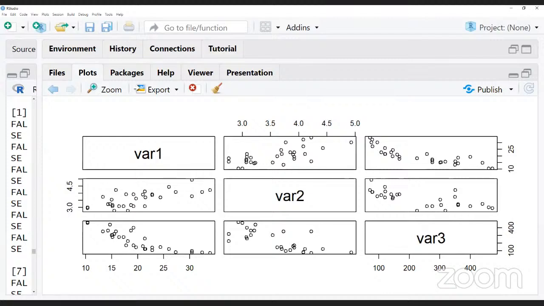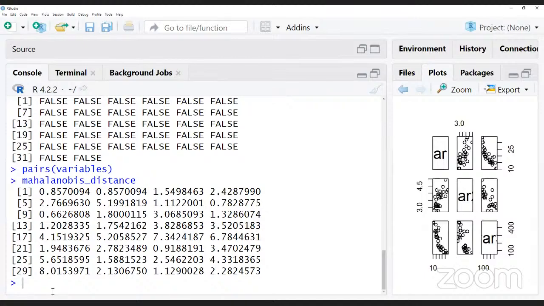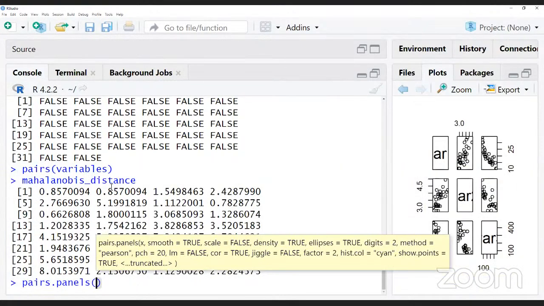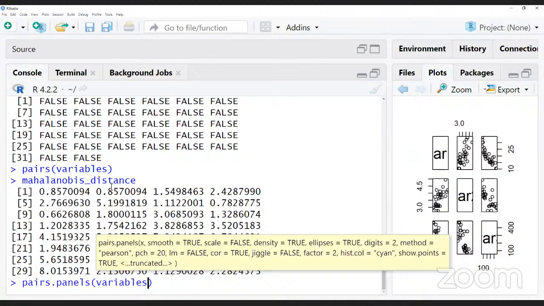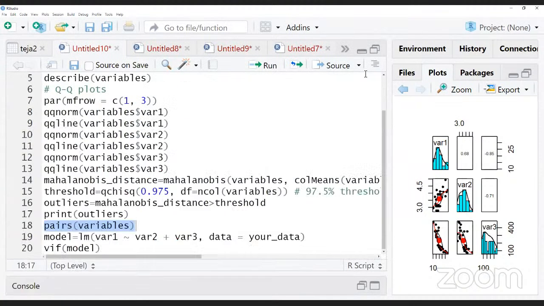Farah, you write down pairs.panels. Yes, sir. pairs.panels, bracket, variables. Enter. Sir, this is not coming. What happened? The spelling is right.